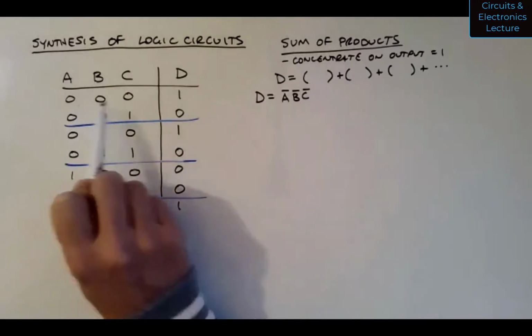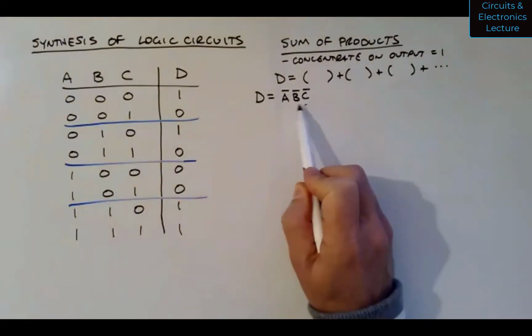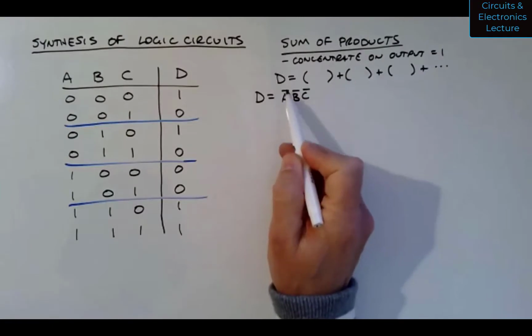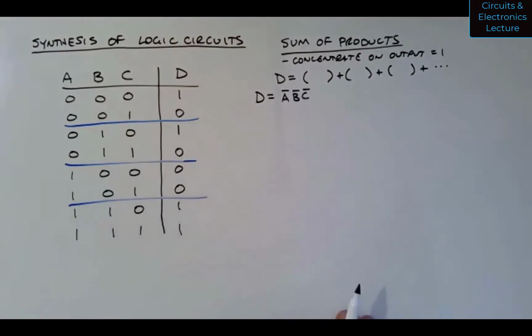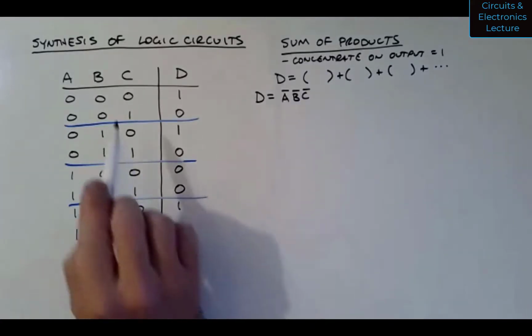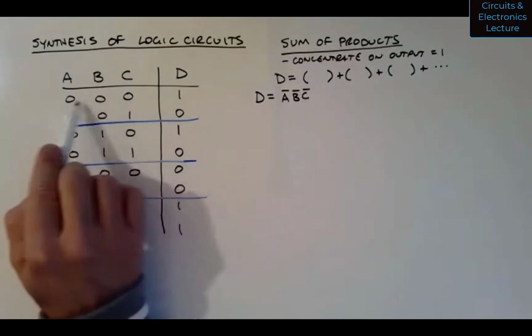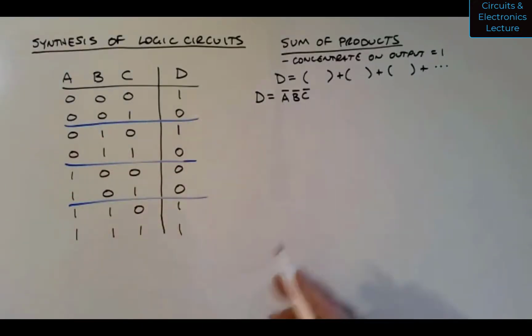I've taken each one of those zeros, I've inverted every one of those. That means I'm ANDing the values of 1 together, right? 0 inverse, 0 inverse, 0 inverse. Now I have 1 and 1 and 1, and that causes a 1 to happen. So for this row, for this set of inputs here, I've caused a 1 to happen. That's good, I want that.